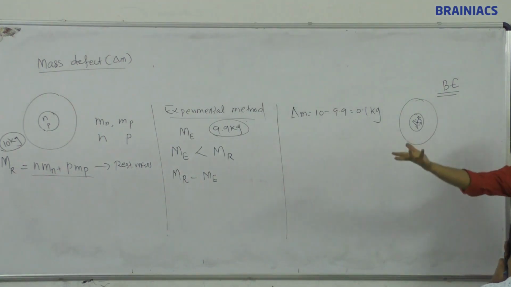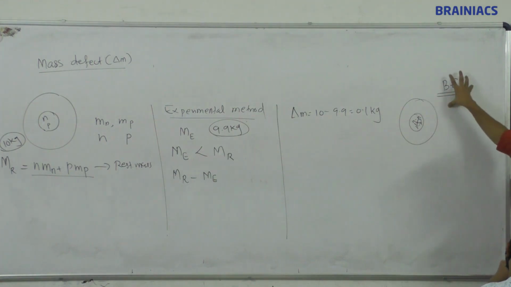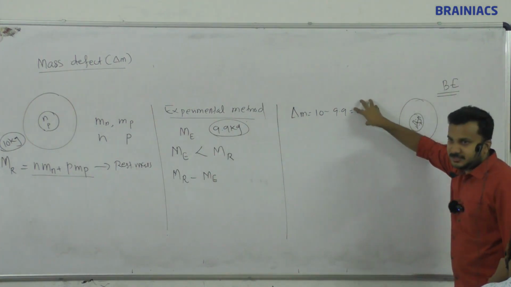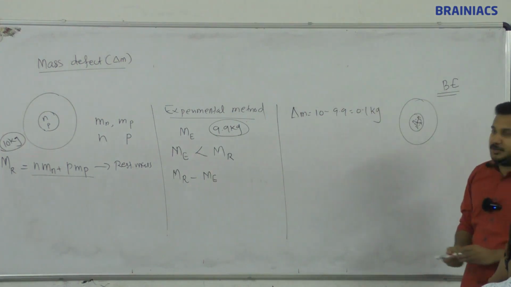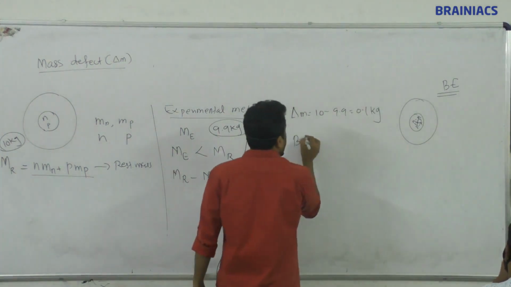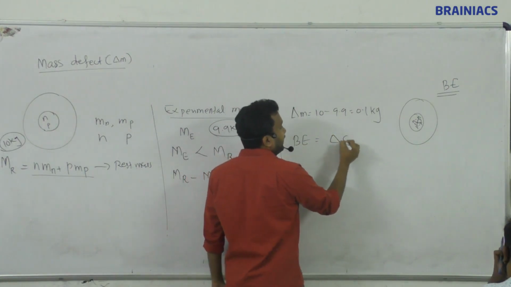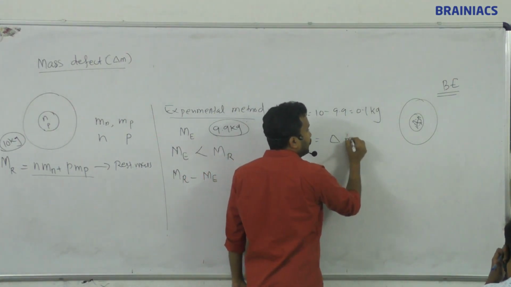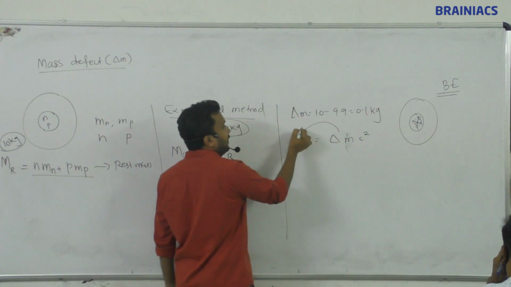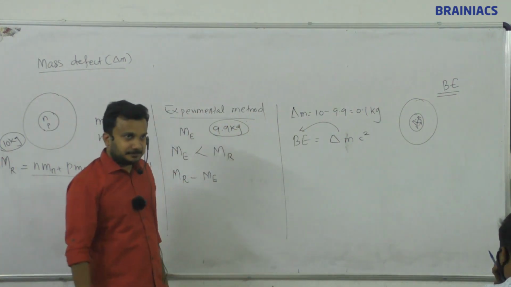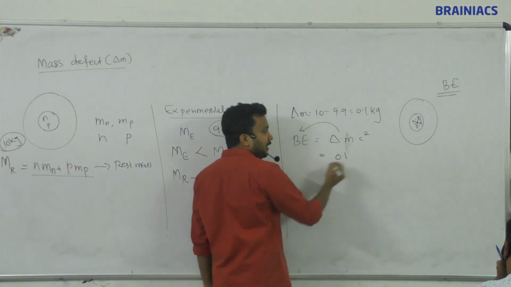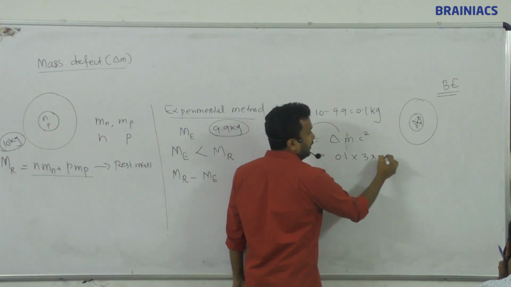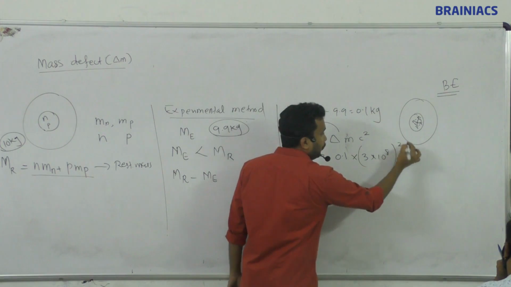From where do we get this binding energy? To get it, we make use of the mass defect. There is an energy corresponding to 0.1 kilogram. So the binding energy is equal to delta M into C square. Mass is converted into energy, the Einstein relation. In this case, 0.1 kilogram and the velocity is 3 into 10 power 8 meter per second, the whole square.